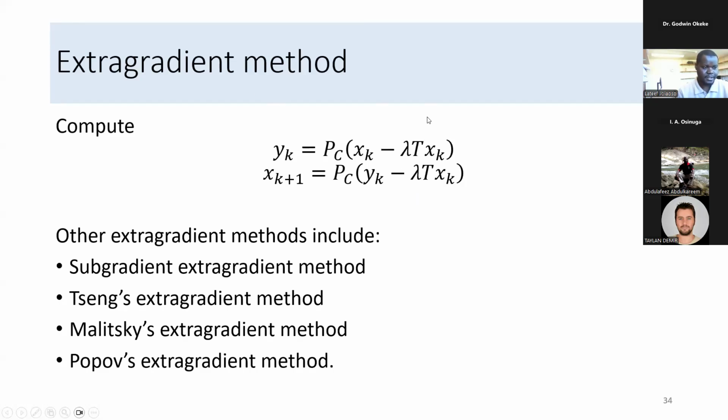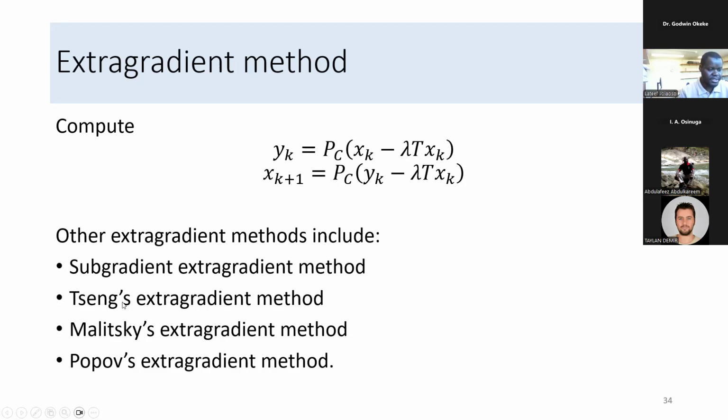So aside from this extra gradient method, we have other types of extra gradients. We have the subgradient extra gradient up to the Popov extra gradient. They're all building on what we have here from one step to another, trying to modify some parameter. For example, the subgradient is trying to see if we could reduce the number of projections from 2 to 1, as well as the descent is trying to reduce the number of projections from 2 to 1 and the number of evaluations of T as well.